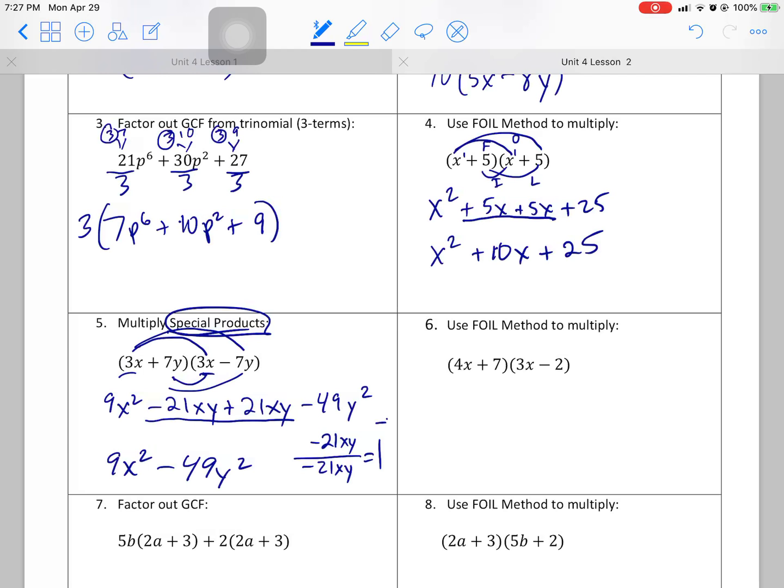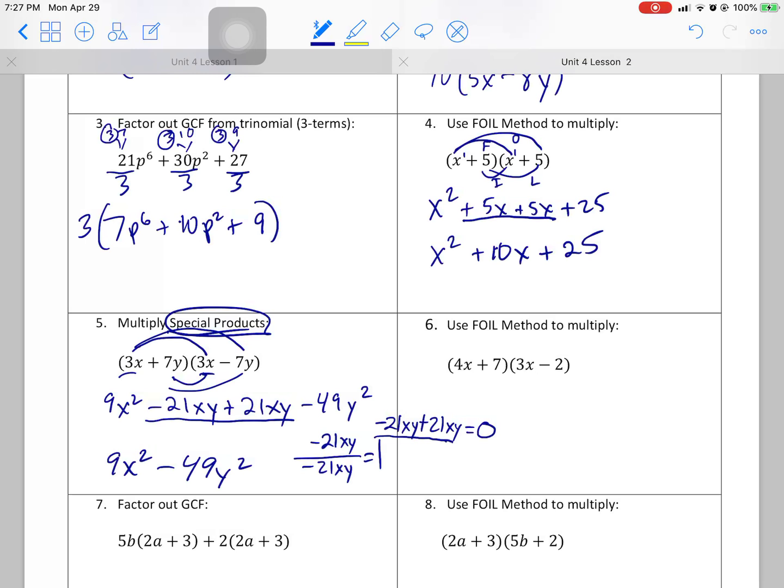But if you add a negative 21xy and a positive 21xy, you get a 0. So make sure you understand the difference. When you're adding and subtracting terms, and you have the same exact number with opposite signs, you have no x's and no y's left over, and your answer is a 0.